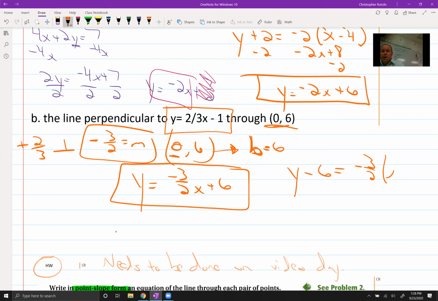Because x minus 0 is just x. And then I would add 6 to this, so I would end up right where I was. So even if you forget about this little thing, remember if there's a 0, there's a chance that it's either an x or y-intercept. And if you have a y value, then this must be a y-intercept.